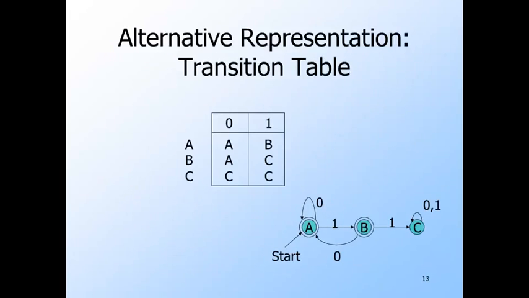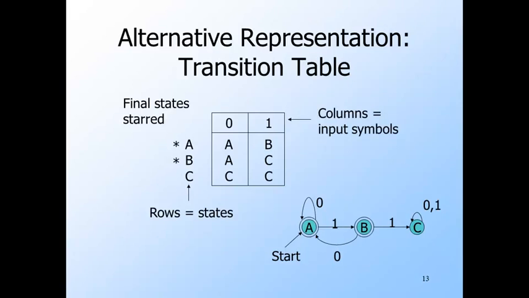We can also represent automata by tables. Here's our example automaton for strings without consecutive ones, shown as a transition graph in the corner. And we also see a representation of the same automaton as a table. The rows each correspond to one of the states, and the columns correspond to the input symbols.